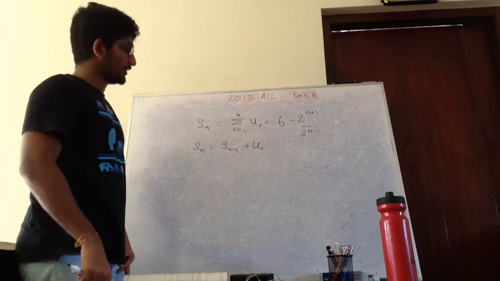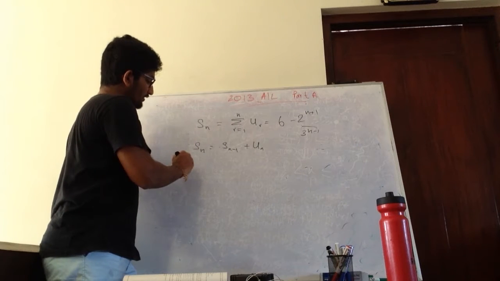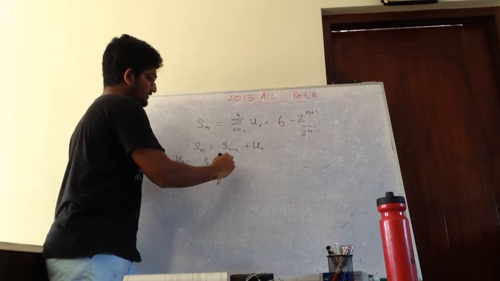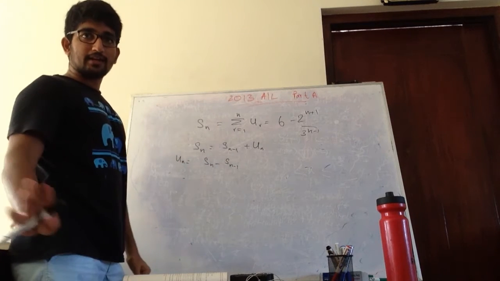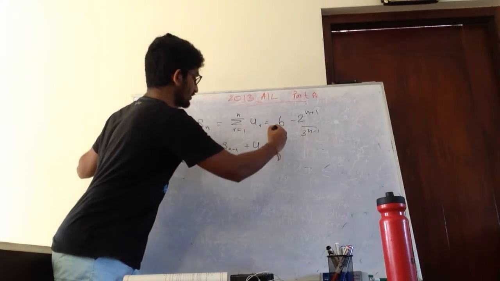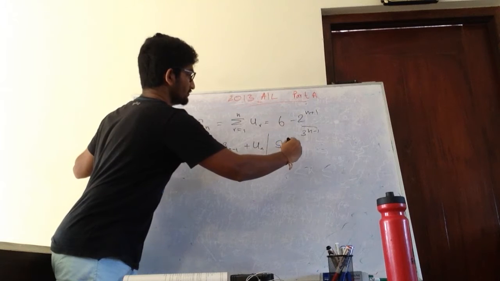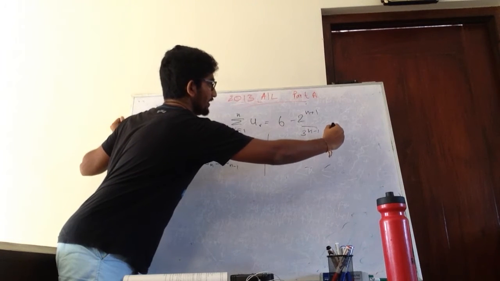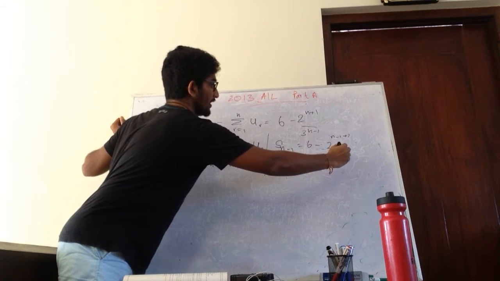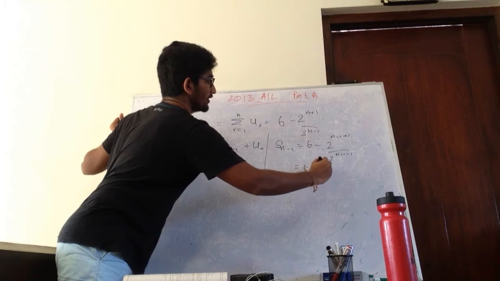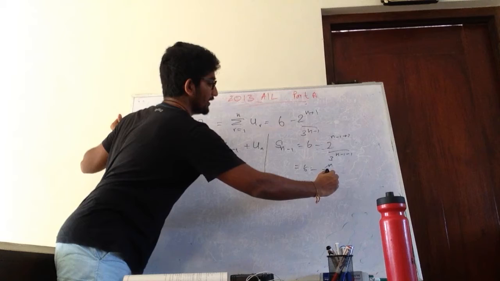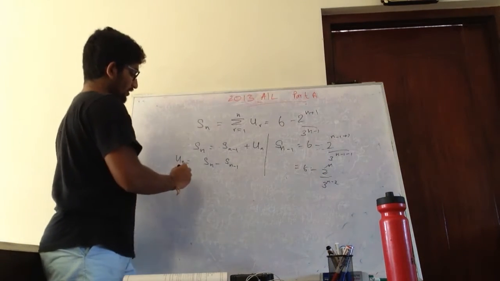So now you can basically get Un, the nth term, as Sn minus Sn minus 1. That is correct, no? Right? So then I'm going to get Sn minus 1 as well. That is 6 minus 2 to the n minus 1 plus 1, over 3 to the n minus 1 minus 1. That is 6 minus 2 to the n over 3 to the n minus 2. Right? So I'm going to get this now.